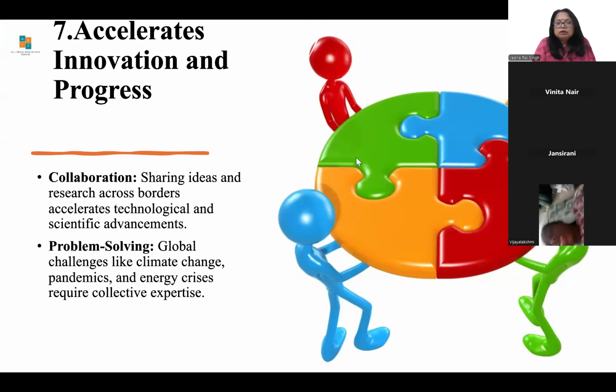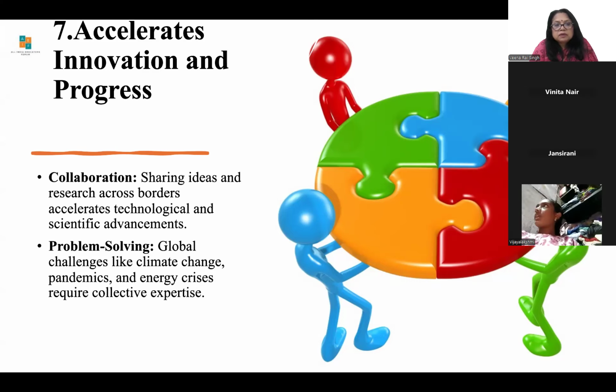This is also helping in accelerating innovation and progress. When four people sit together and brainstorm, it is not a simple discussion, but there are positive outcomes.